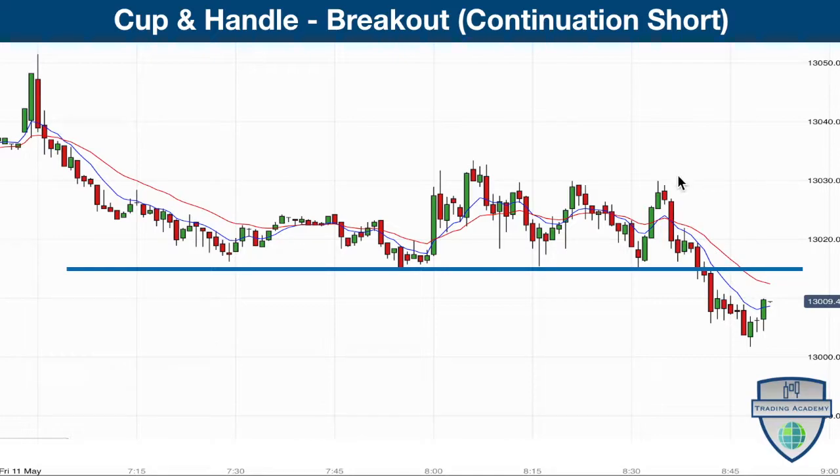And I brought my protective stop down as soon as this barrier here was broken, to above the high of the bull candle here, the bull spike. You're looking for 2-to-1 reward to risk with your entry here and your stop up here, then you get a 2-to-1 reward to risk trade, and I think I exited at the bottom of this bar here. So nice quick trade, only took about 5 minutes.